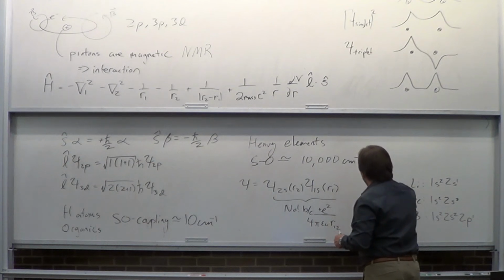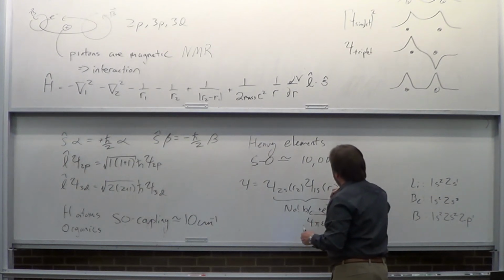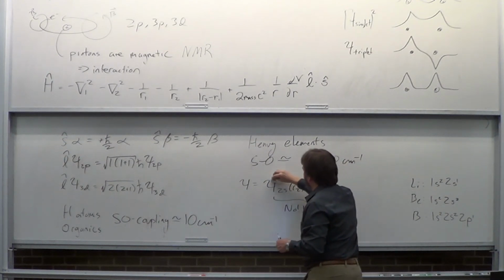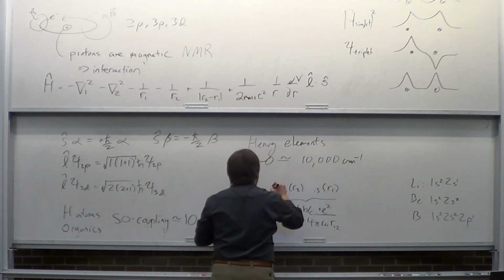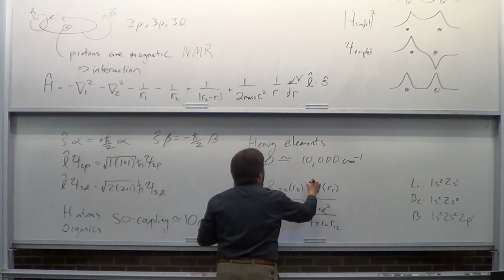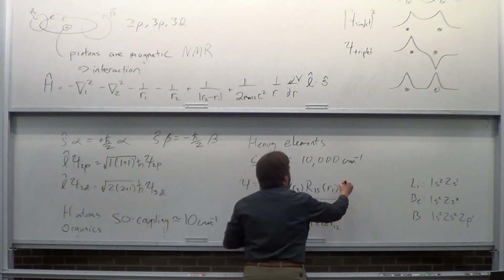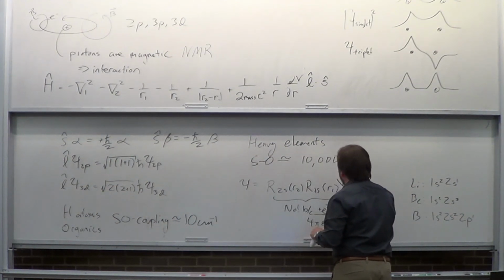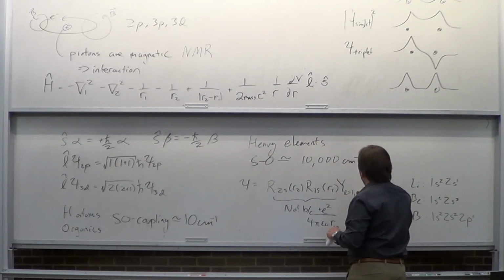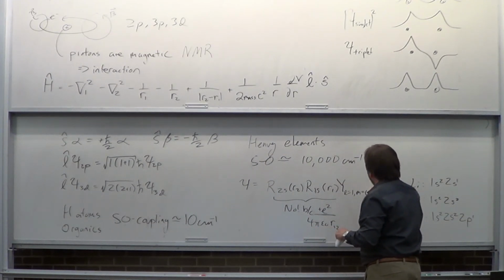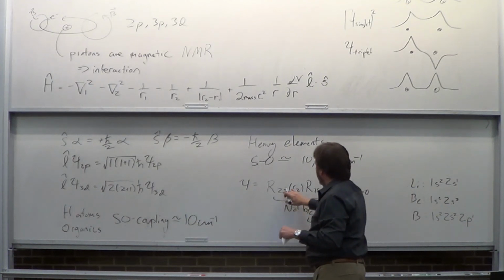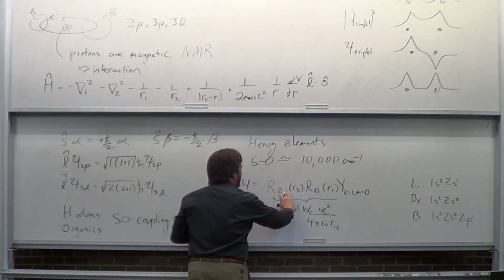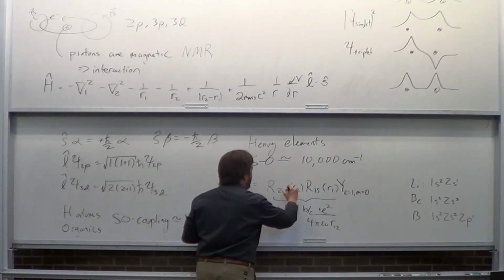You know what? Let me do this slightly differently. Sorry, I hate it when I do that. R, radial. Then you've got yourself. You know what? If I'm going to do spin orbit coupling, I need to make one of these a p state.